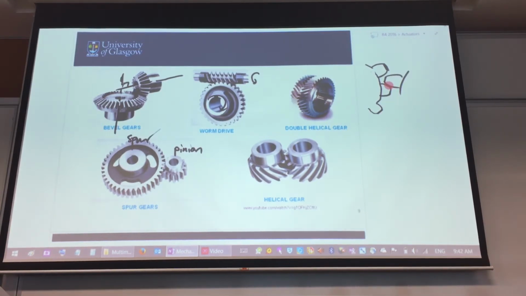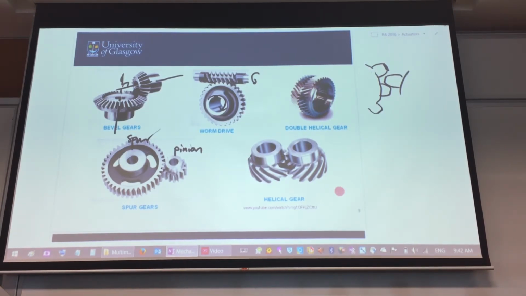Then mechanical engineers started to think, how can I remove that noise and that amount of vibration if I want to rotate these two gears at very high speed? So they came up with this mechanism called a helical gear. Helical gear works in a very interesting way.